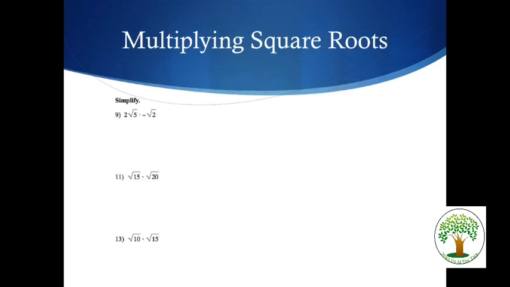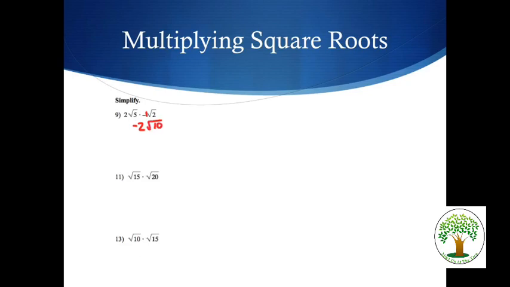The way we multiply when we have square roots is we multiply the numbers on the outside, and then we multiply the numbers on the inside. So this is a negative 1 right there. What is 2 times negative 1? Negative 2. Negative 2 square root 10 is what I got, and square root 5 times square root 2 is square root 10.